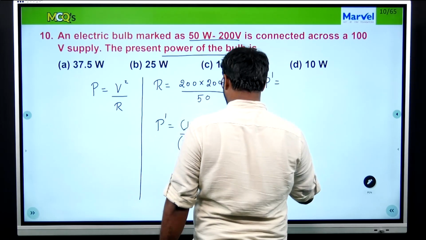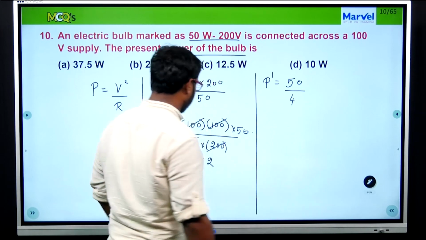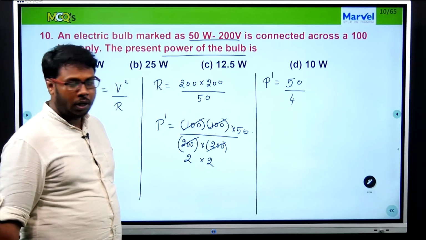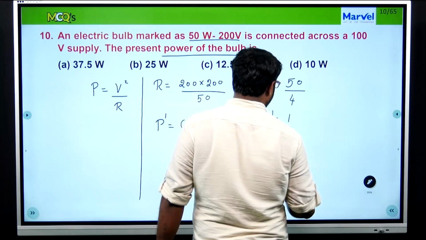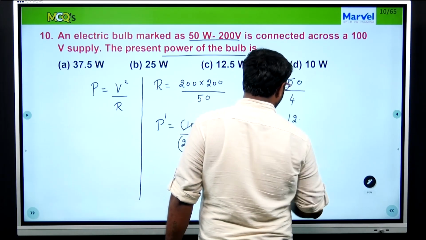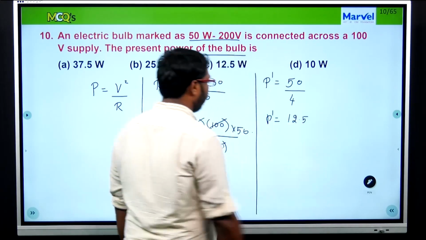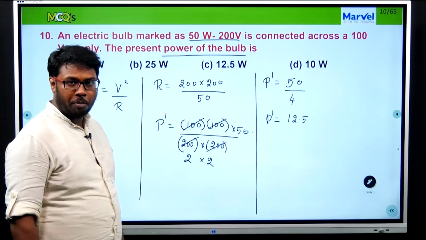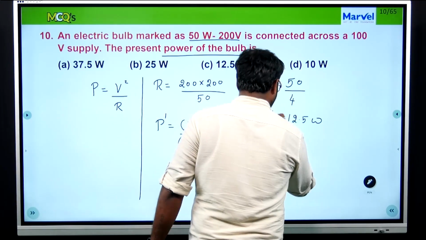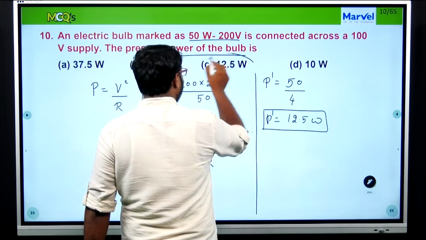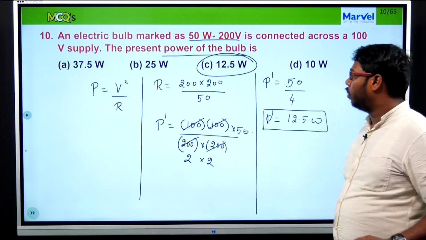P prime is equal to 50 divided by 4. Okay, what is 50 divided by 4? So it will be 1 times, 2 times, balance will be another 2, which will be 5. Yes. So P prime is nothing but 12.5 watt, the new power dissipation for the same bulb when it is connected to the 100 volt.